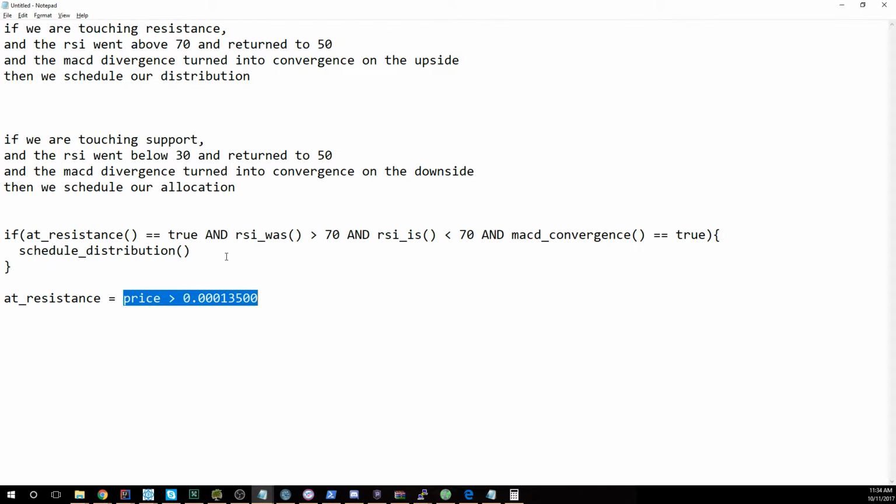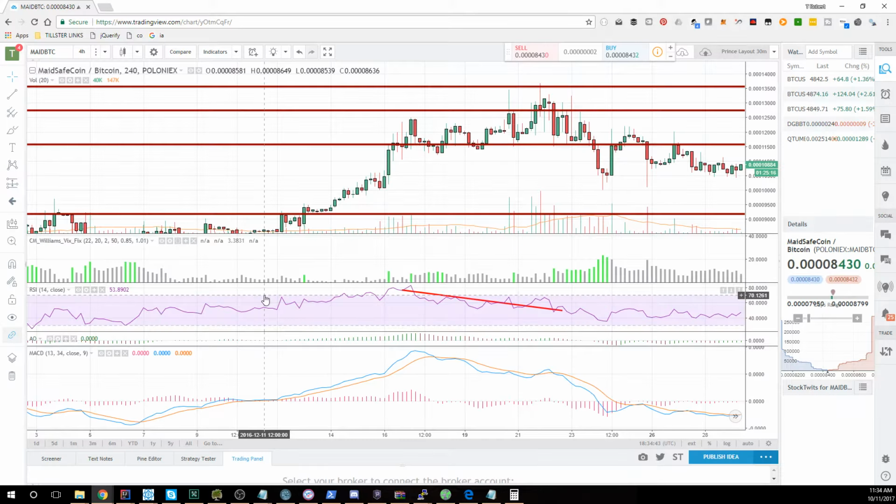Okay, what's next? The RSI was, okay, what RSI was? So what we want to do is we want to say, was the RSI above 70 in the last X amount of time frames, let's say, right?